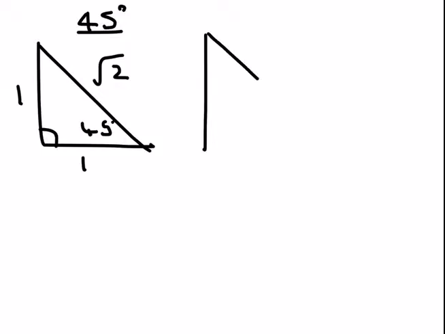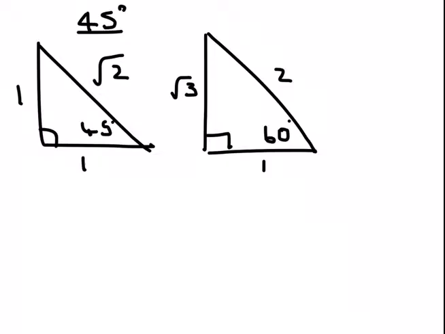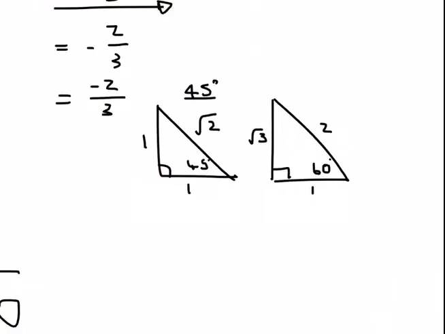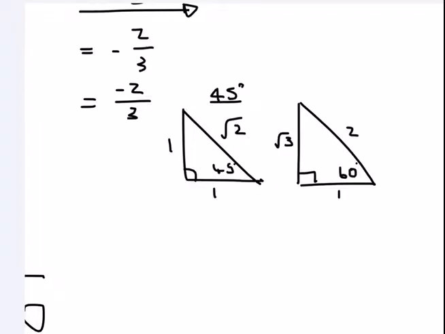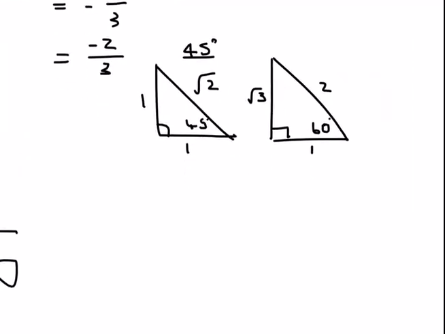Then another one is this one, whereby there you have your 60 degrees. So this one, the adjacent will always be 1, the hypotenuse will always be 2, and the opposite will always be square root of 3. The last one, I don't have space. Maybe let me do it there.